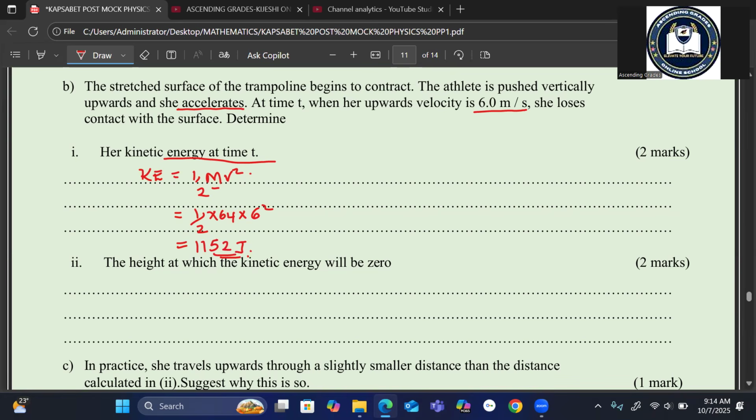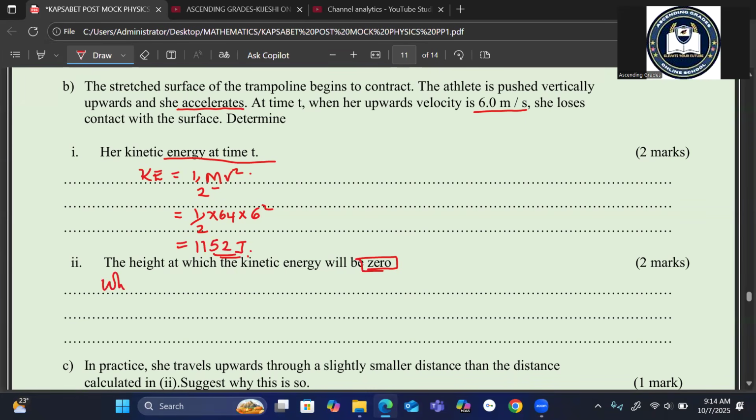Determine the height at which the kinetic energy will be 0. When the kinetic energy is 0, it means that all its energy has been converted into potential energy.